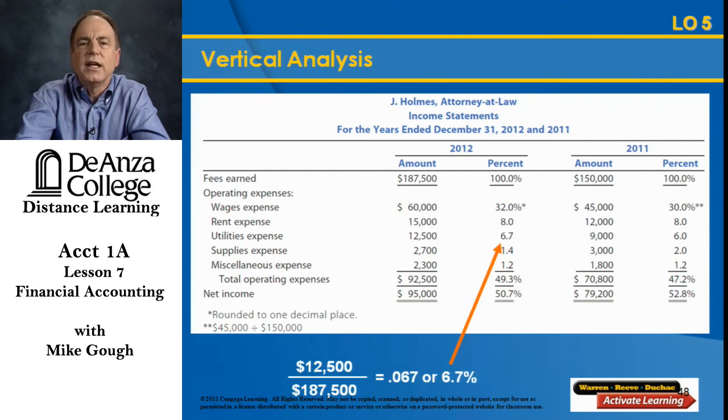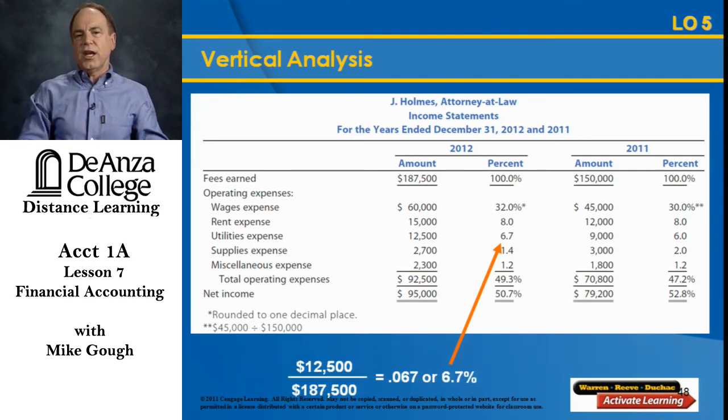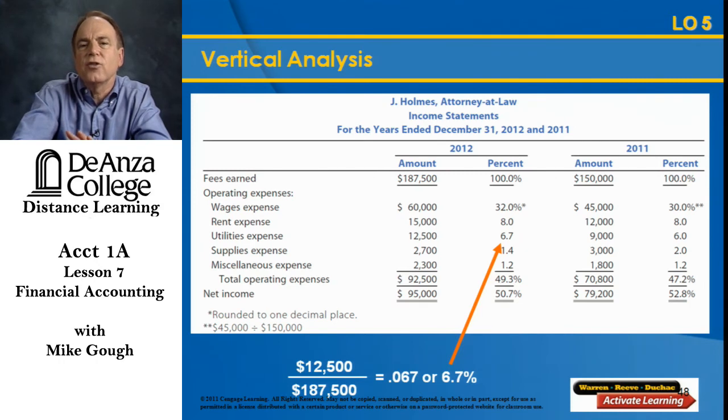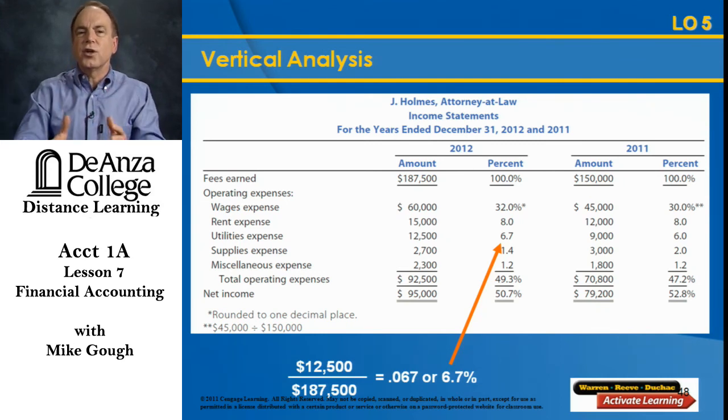So the idea is that we take a look at our percentage change year over year, and then our percentage change in terms of total revenue. So for instance, in 2011, utilities represented 6% of revenues, whereas in 2012 it represents 6.7% of revenues. This is good information because it tells us, are we running the business well? Do we need to make some changes or something along those lines?